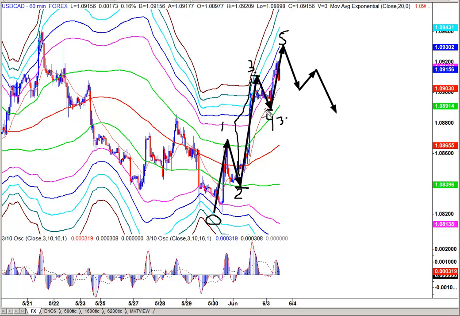So having that criteria that this leg, the 2 to 3, was the longest leg up so far, and that you have a shallow retracement here, that's telling me that the 5th wave is in the process now. We also want to look at the past and see where support came in. So here was some support down here. You see this? So that's telling us that the market respected this area.